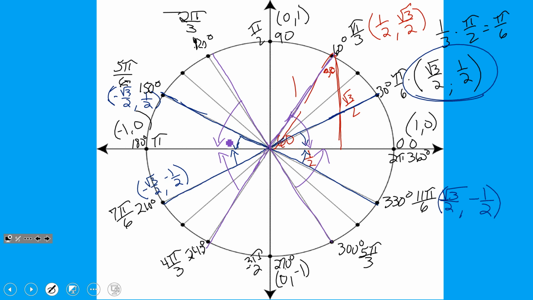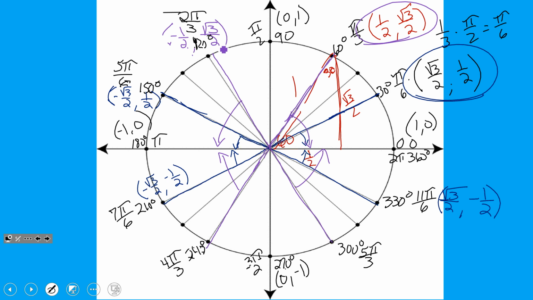Okay. So we know at 60 degrees, it's going to be positive 1/2 and positive square root of 3 over 2. So let's go over to the 120. Okay. So that's going to be what? Negative 1/2 and square root of 3 over 2. Okay.